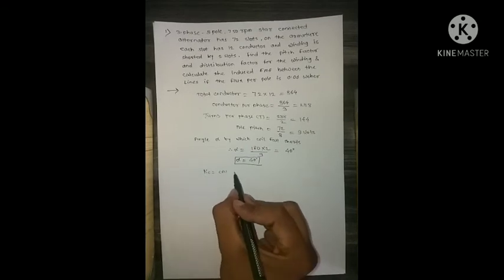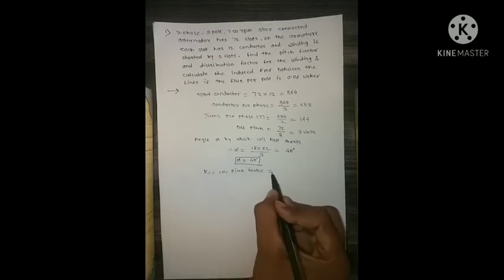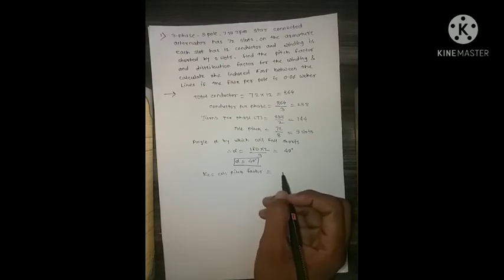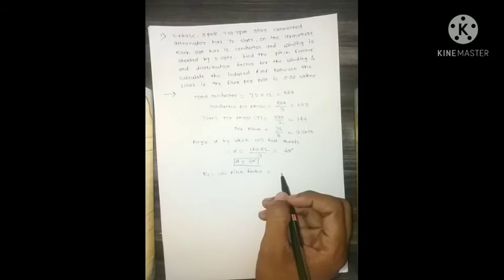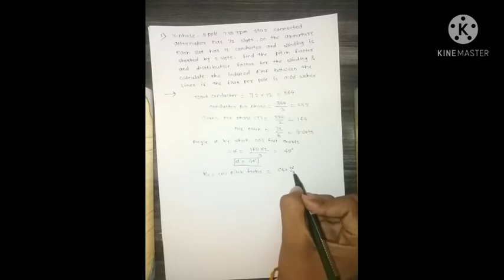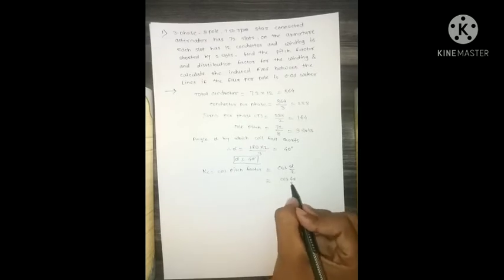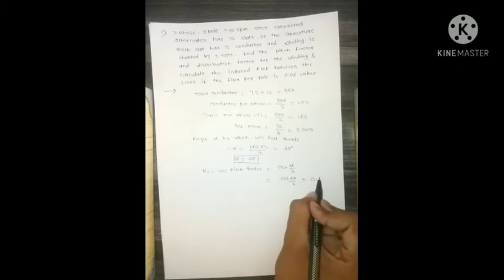Coil pitch factor Kc equals cos of alpha upon 2, and the value of alpha is 40, therefore cos of 40 upon 2, and the answer is 0.9396.